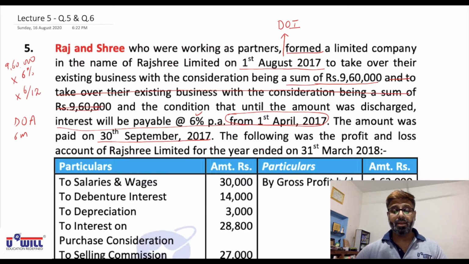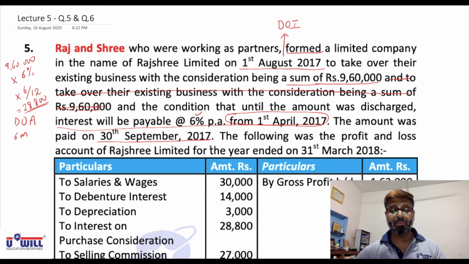Do it in calculator: 9,60,000 into 6% into 6 divided by 12 comes to 28,800. The time ratio for interest on purchase consideration will be exclusively calculated till 30th September.